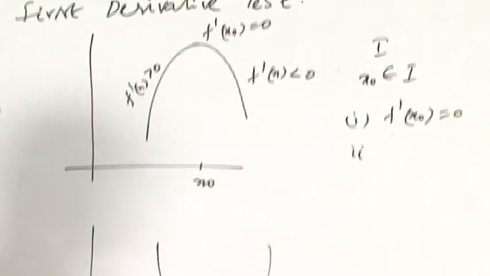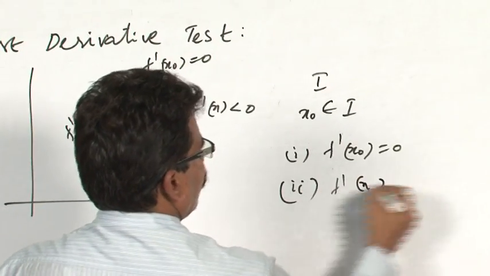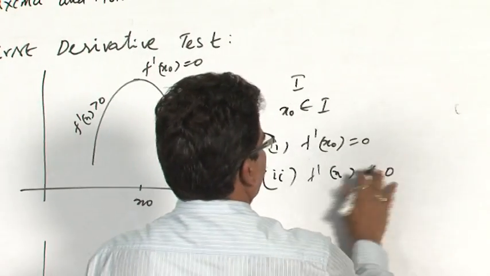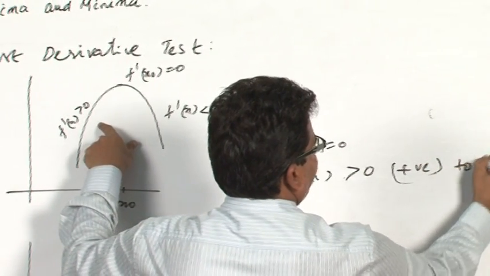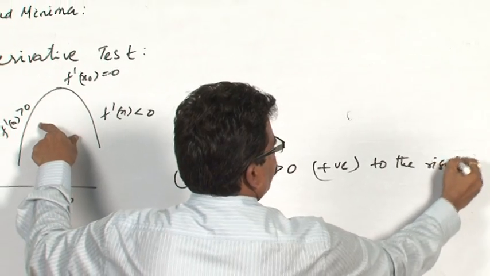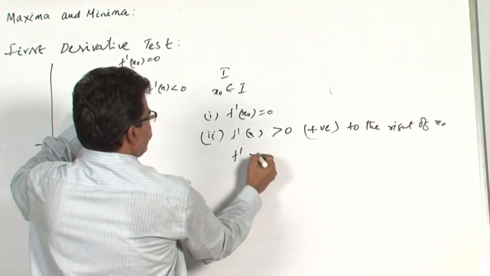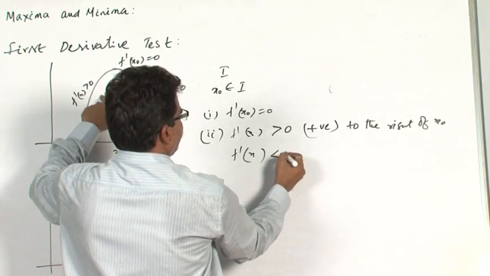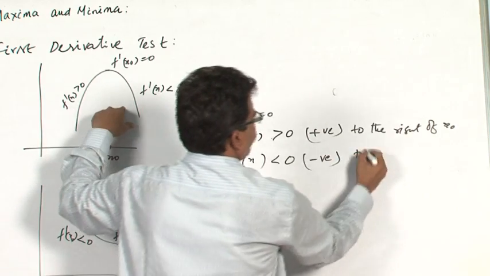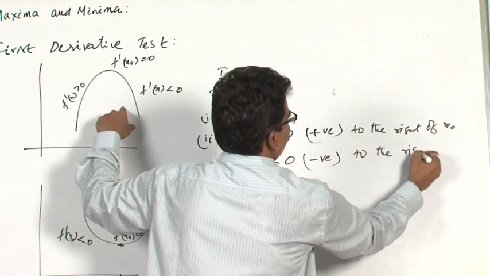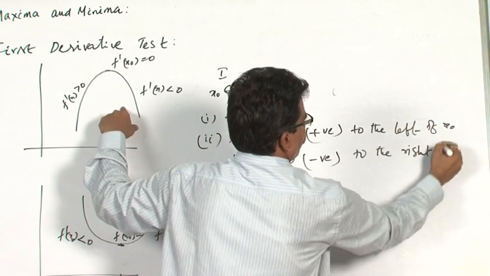Similarly, we will have a point of local minimum. So here f dash x must be greater than 0, that means positive, just to the right of x naught, and f dash x must be less than 0, that is negative, to the left of x naught.